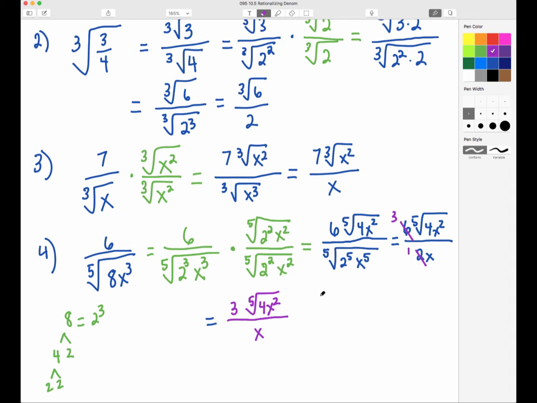So sometimes that might happen, especially when you have longer problems that have a lot more variables and a lot more numbers. Give a good look at the last step of the problem and see if there's any more reducing that could happen. In this case, it happened to be numbers where I could do some reducing, so I did, and now I have a completely simplified problem.